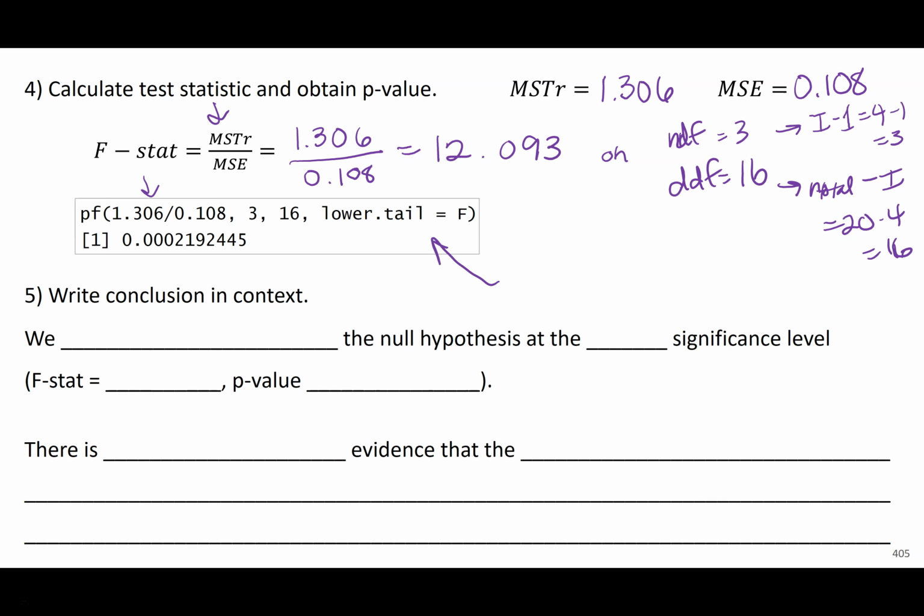There are F tables, and if you really, really want practice reading an F table, by all means, it's going to be similar to the T table in the sense that your p-value is going to be between two values most of the time. It's going to be an interval if you use the F table. It's also a really old school skill. Now that computing's become really big, people are doing that kind of thing by hand a lot less.